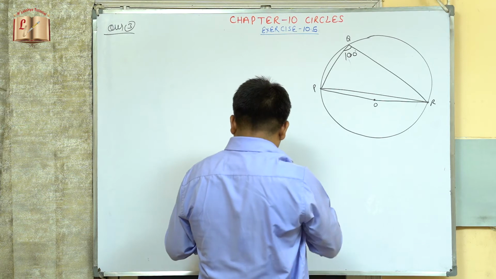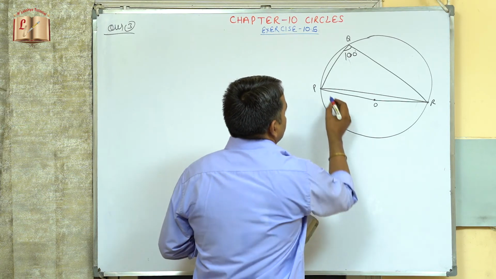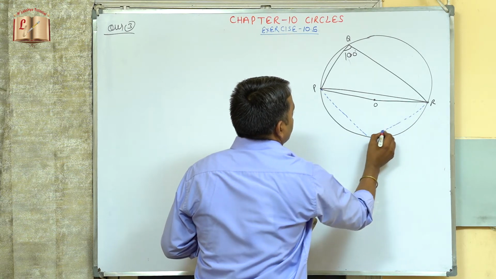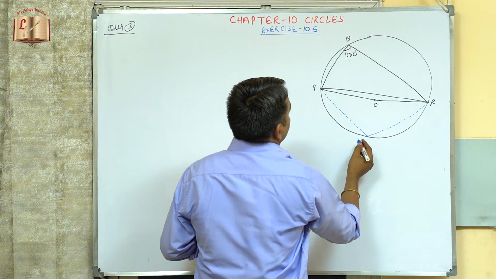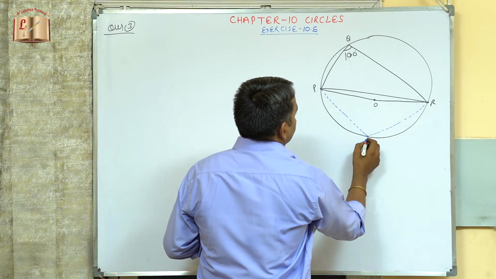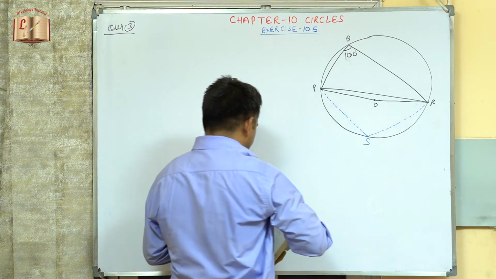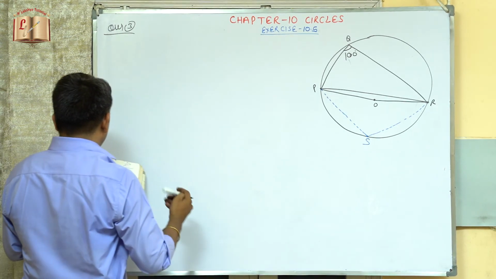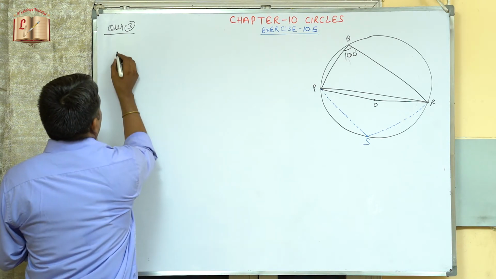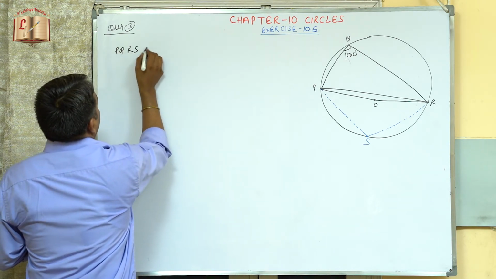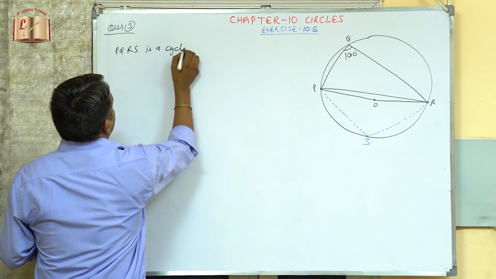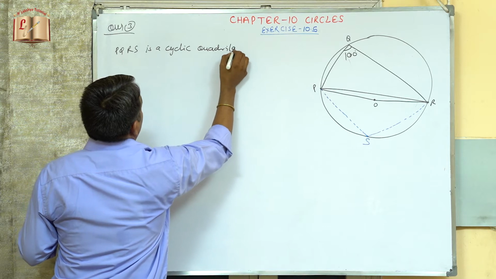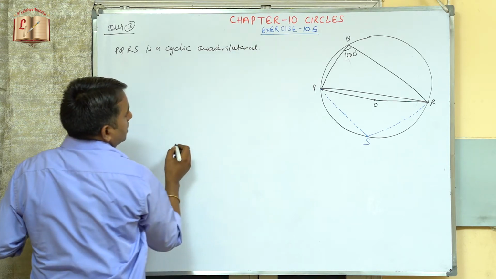First of all we will make a cyclic quadrilateral. We'll take another point over here. Suppose PQR is given, we can take it as point S. Now PQRS is a cyclic quadrilateral.